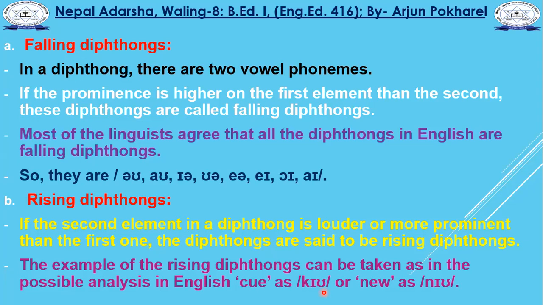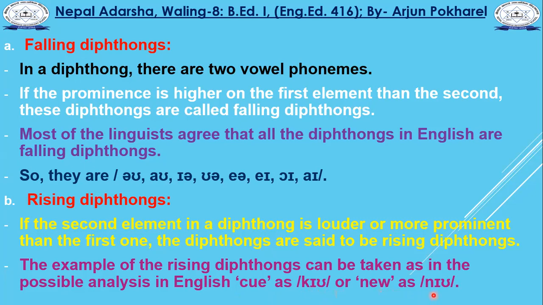So if it is so, we can give the example only in the possible analysis of, let's say, English words. That is Q as ka, e, u; new as na, e, u.